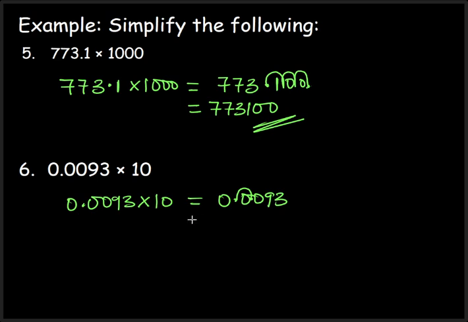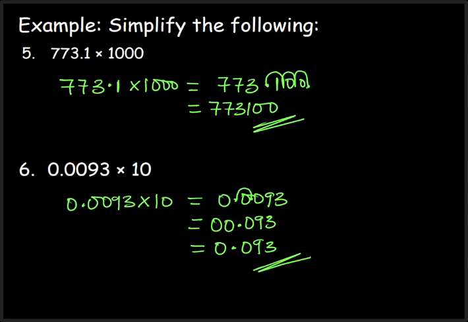So that will make it become 0, 0.093. Remember, this is the whole number part. So this whole number part, 00, is the same thing as saying 0.093. Okay, and that brings us to the end of our examples.